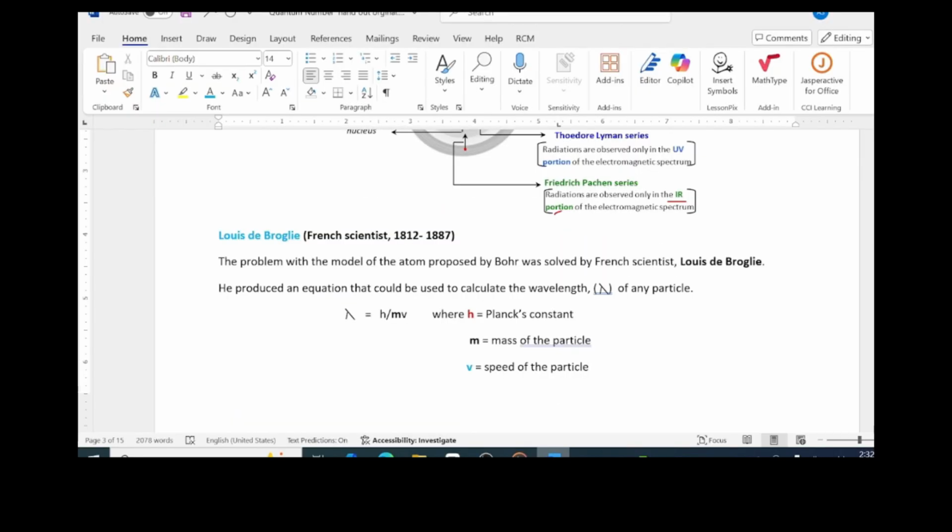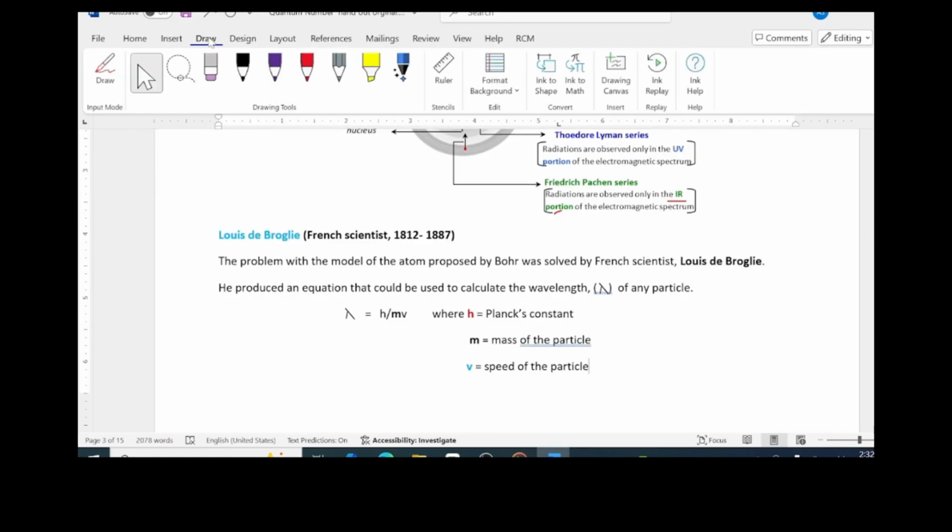Enter French scientist Louis de Broglie. Louis de Broglie proposed his famous wave equation here. He's saying that the wavelength of any particle that's moving can be calculated using this equation, where h is equal to Planck's constant, m is the mass of the particle, and v is the speed.